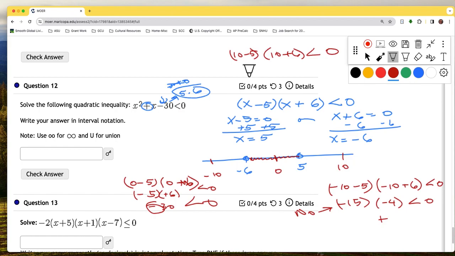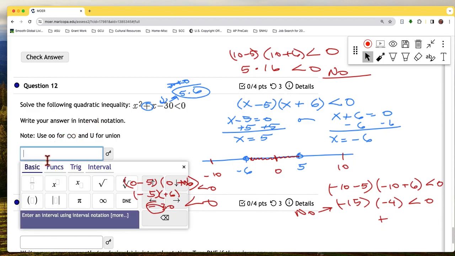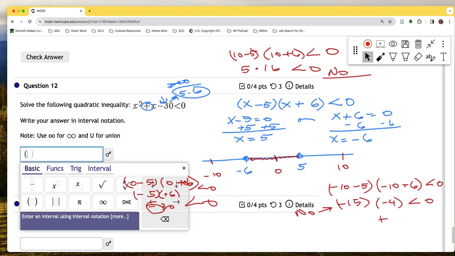So it's always checking the thing. So we get 5 times 16. It's going to be a positive number, so this does not work. So this is our interval. We're going to go from simply -6 to 5, and that's it.